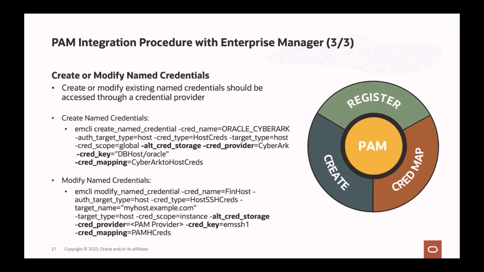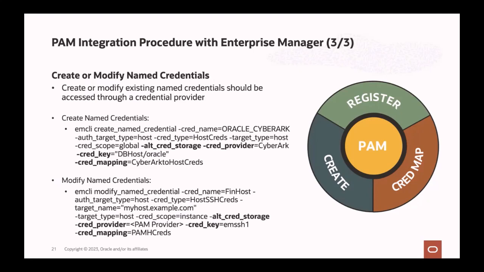So that's why this hyphen alternate cred store plays an important role when you create a name credential or when you modify an existing name credential. That's why I've highlighted it in the EMCLI create name credential, to indicate that this credential will be fetched from an external PAM store instead of the repository.